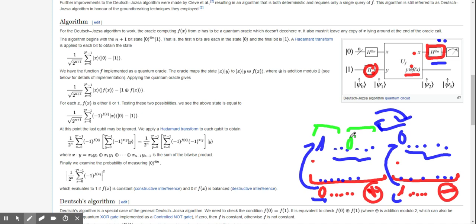And here on the other side, for the first half of the space, it's going to be 0, right?